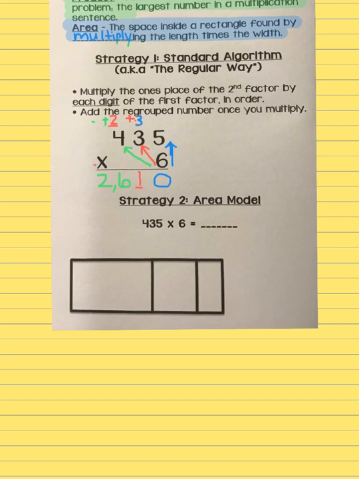Now, I broke it into 3 sections. I'll show you in a second why, because I don't know what 435 times 6 is in my head, but I'm going to write them down to show you where they're at here. 435 is my length, because 435 is bigger than 6. This side is bigger than the width, and 6 is my width. So if this side is 6, we know that this side is 6. So I'm actually just going to write the 6 over here too. What we need to do is figure out how we can multiply them easier than writing 435.